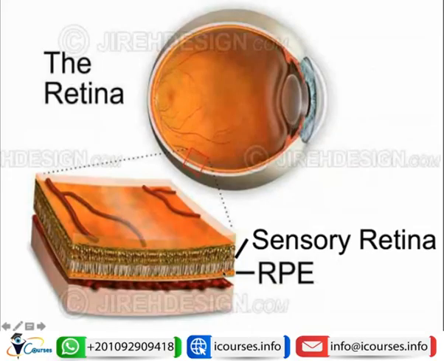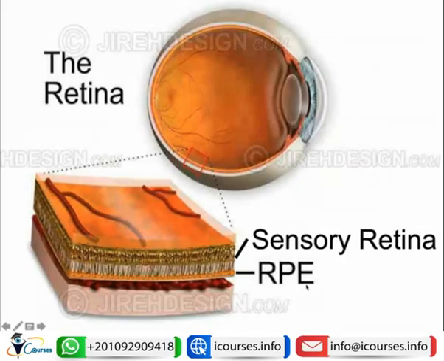The retina is formed of two main parts. The first part is called the retinal pigment epithelium externally, and internally it is formed by the sensory retina. So this is the retinal pigment epithelium, and here is the sensory retina.